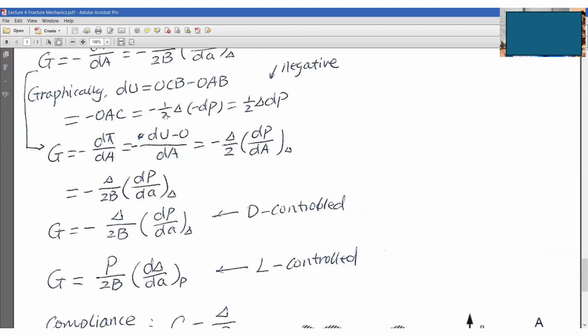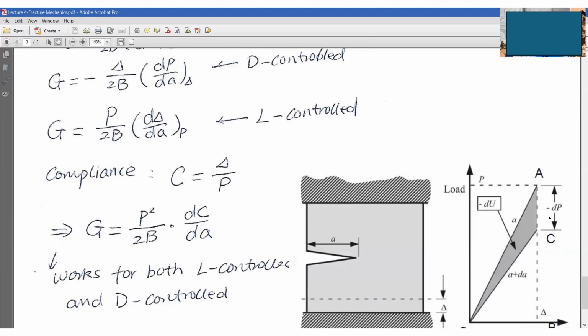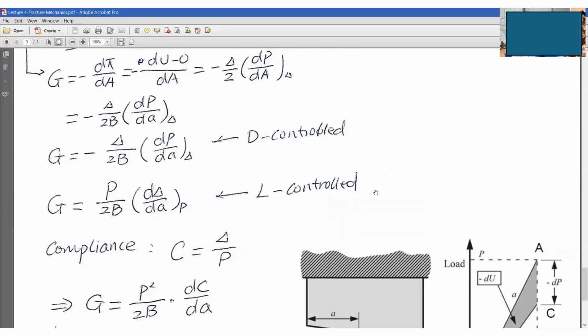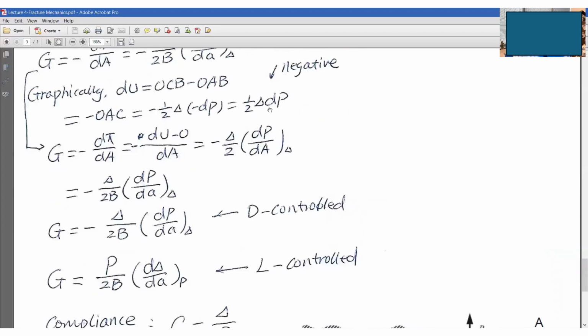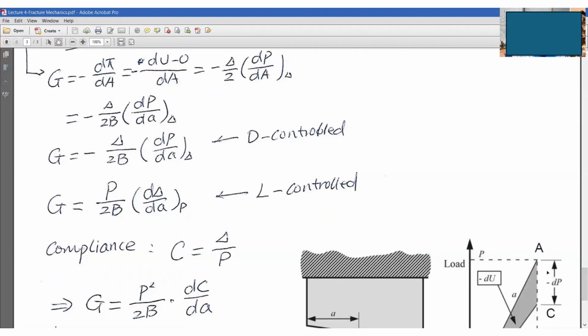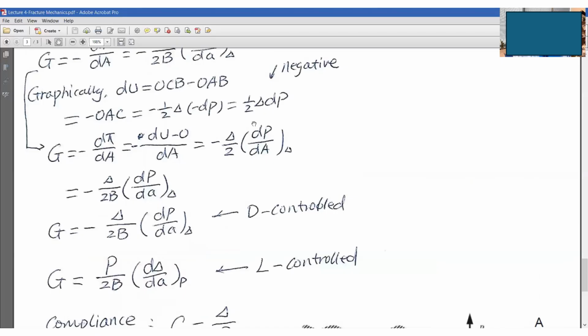So 1/2 because it's a triangle. This is negative, because from A to A plus dA the load decreases if we want the same displacement. Right? So this equals 1/2 delta dP, and dP is decreasing, dP is negative.